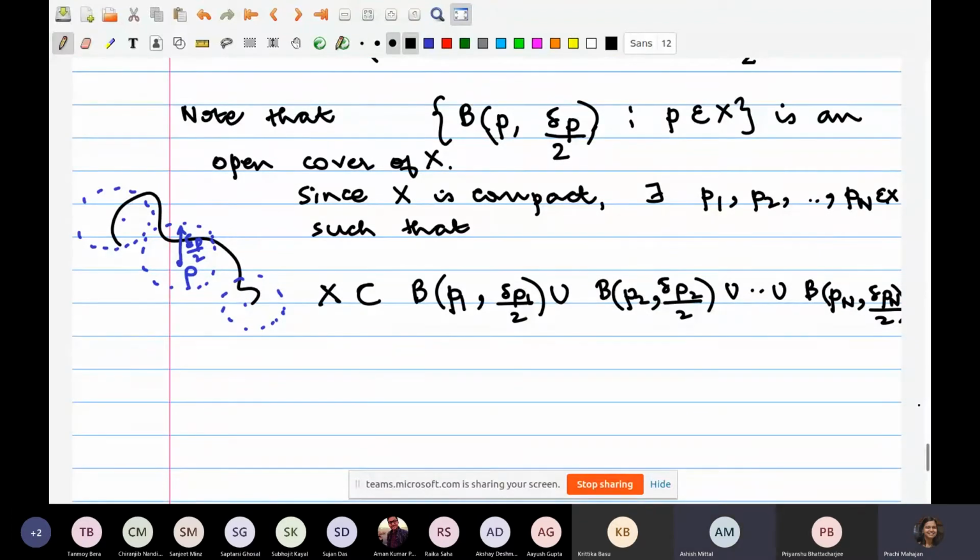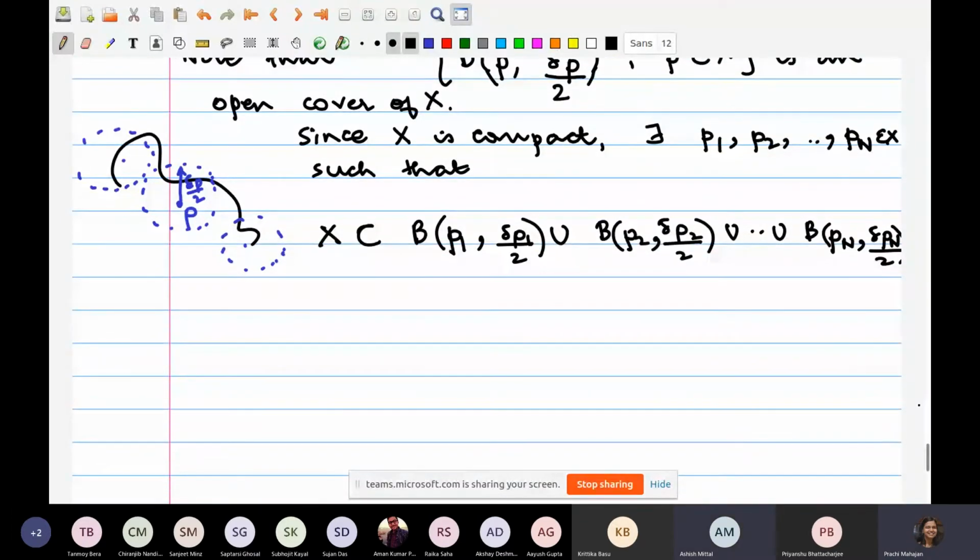Now I have these finitely many positive numbers, delta P1 by 2, delta P2 by 2, and so on, right? So let me draw those in this picture. So this is, let's say, Pn, and this is delta Pn by 2.